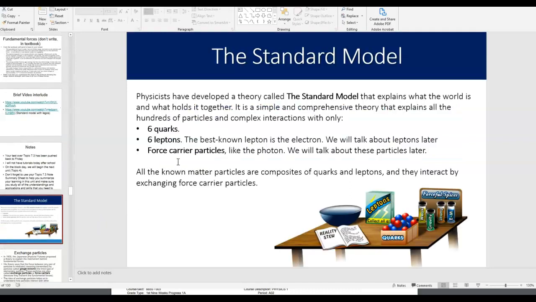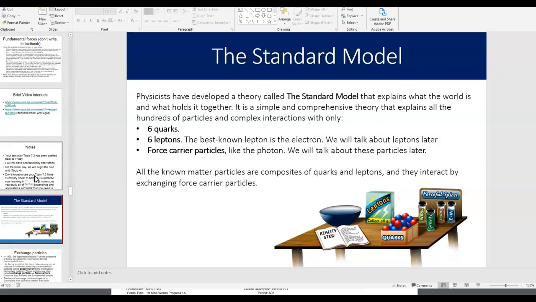So we've been talking about the standard model, of course, and the standard model has basically three types of elementary particles in it. Quarks, six quarks, six leptons, and then of course, we've got the anti-quarks and the anti-leptons. And then what we call gauge bosons or force carriers or exchange particles. Those are all words meaning the same thing.